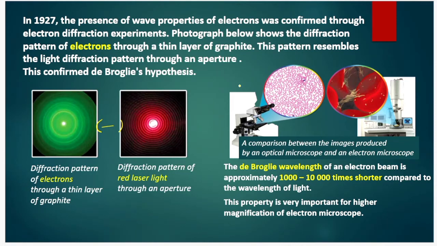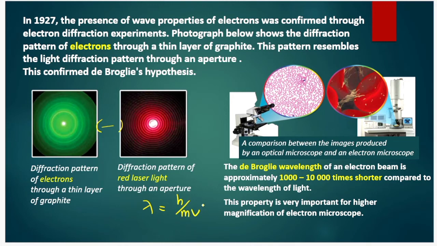This is one example application of de Broglie wavelength: the optical microscope and the electron microscope. The de Broglie wavelength of an electron beam is approximately 1000 to 10,000 times shorter compared to the wavelength of light.